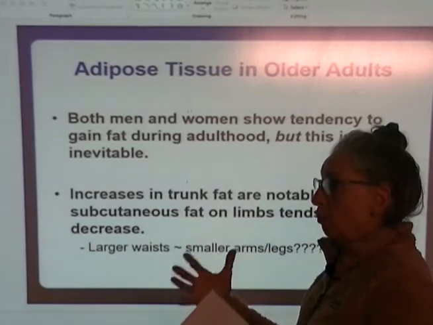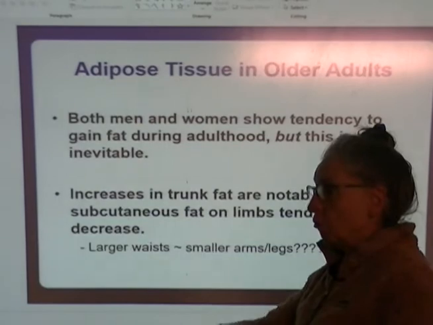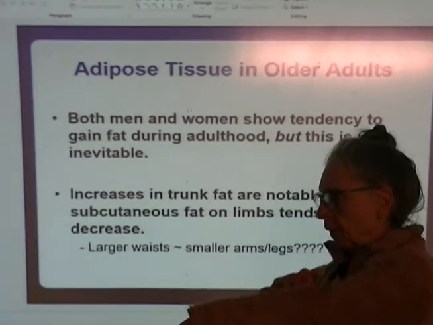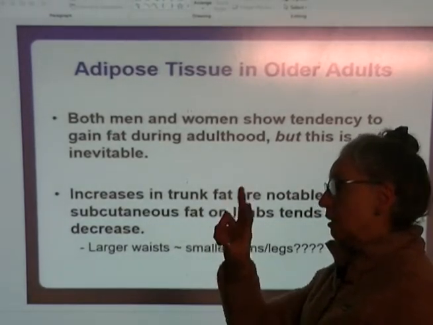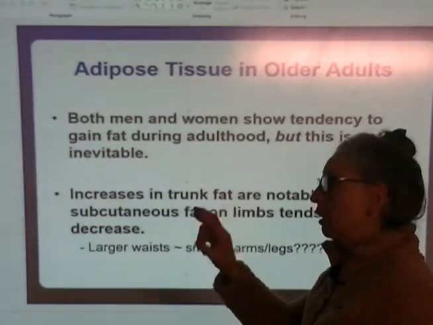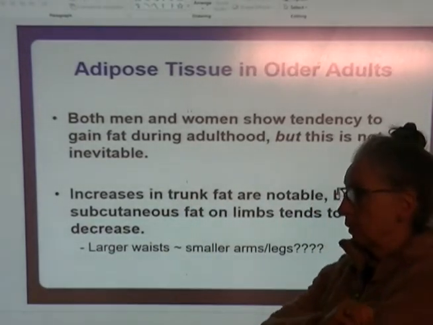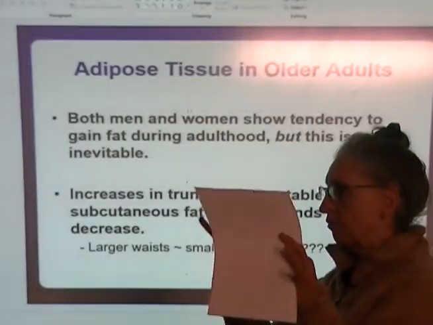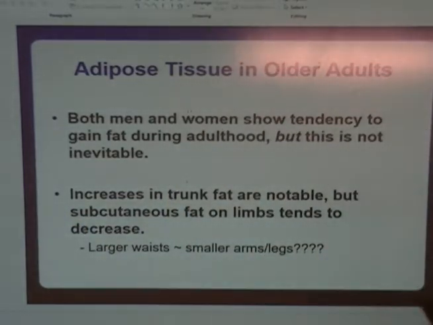Men are much more prone to laying down this additional fat as visceral fat in their trunk and not subcutaneous fat. Right? That's also a problem because visceral fat is tied much more tightly to cardiovascular disease and type 2 diabetes than subcutaneous fat is. Right? The 2 types of fat behave differently. Okay?